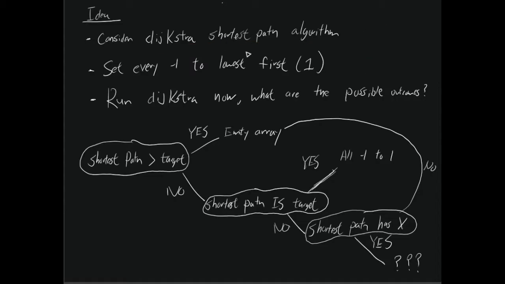So what about just setting everything to the lowest first? Because we're going to start from somewhere, why don't we just start by setting every edge to the lowest first and just run Dijkstra and see what we will get. So we set every -1 edge specifically to 1.